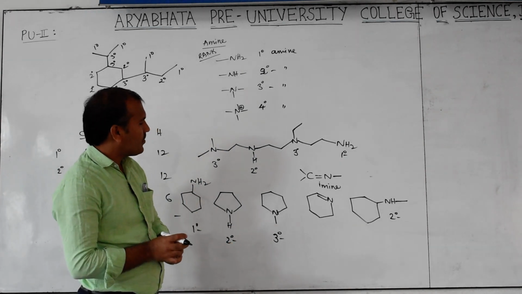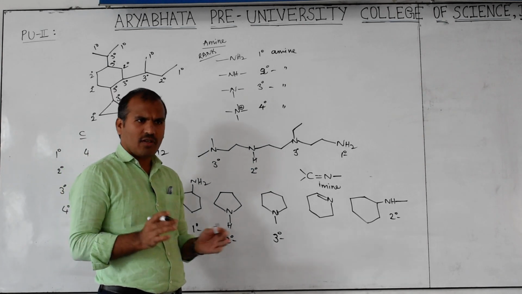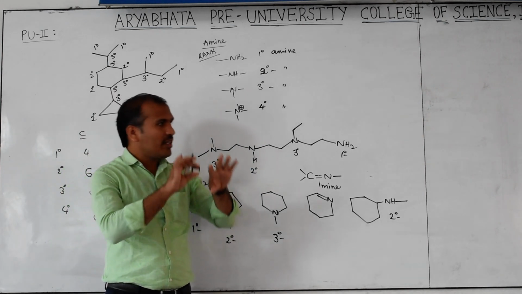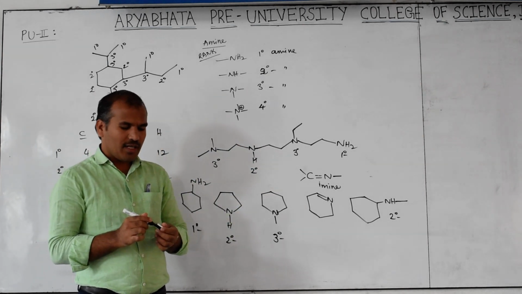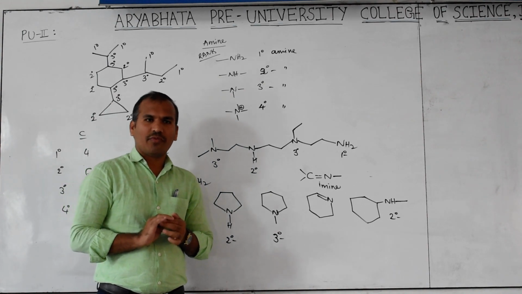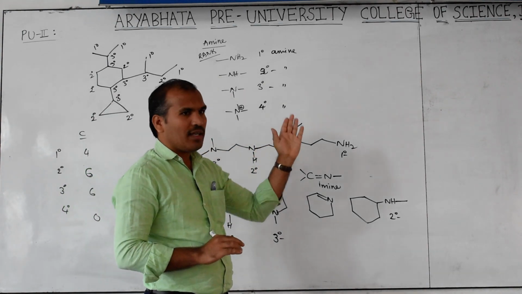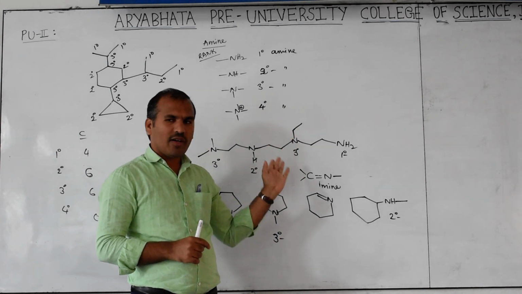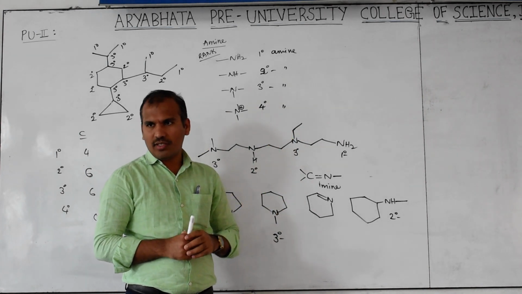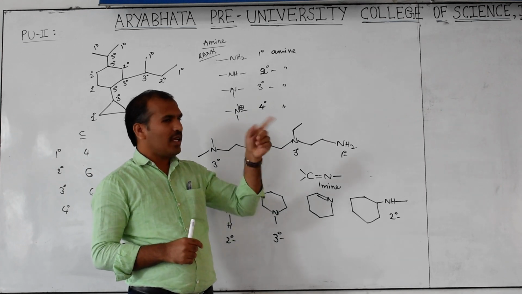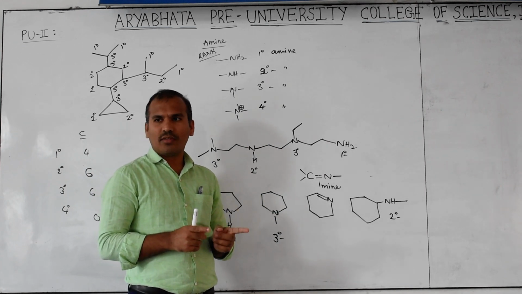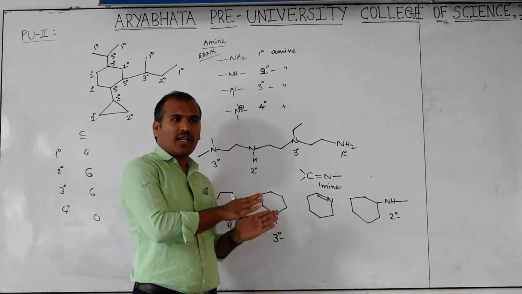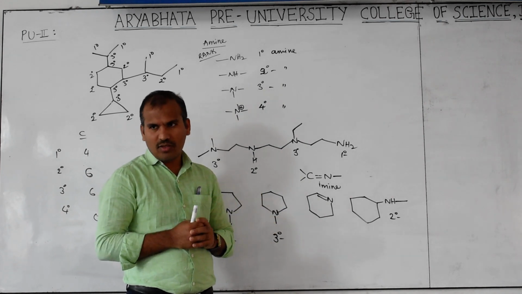Now after this, the classification of compounds. I am not writing the flow chart. You know that organic compounds are classified into which ones? Acyclic and cyclic. In that, again in acyclic we have saturated and unsaturated. Okay? In cyclic we have two types. What is that? One is homocyclic, another is heterocyclic.